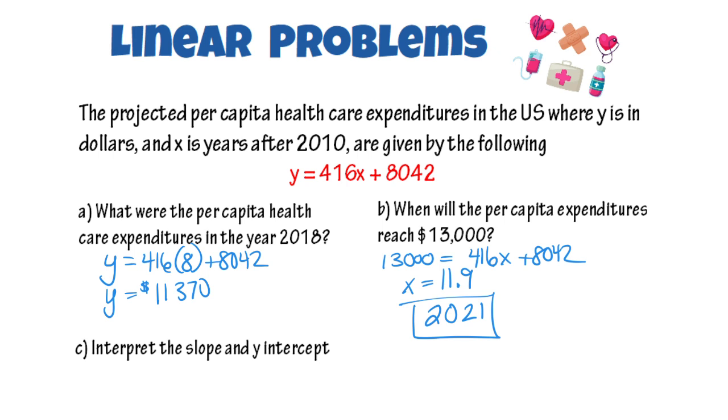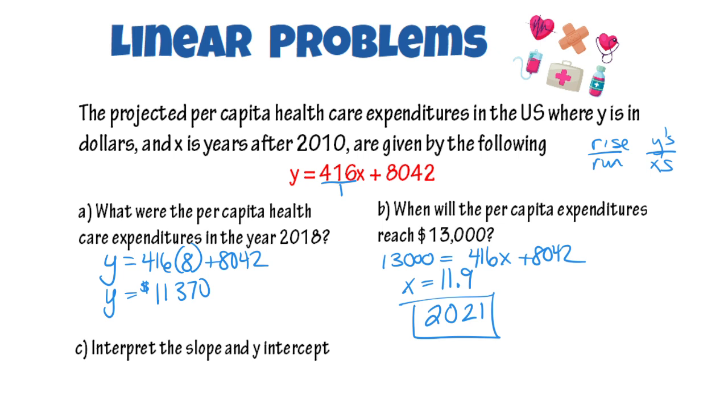Okay, the question does say, interpret the slope and the y-intercept. So interpreting this slope here, remember we like to think of it as over 1. Slope is rise over run, or it's your y's over your x's.